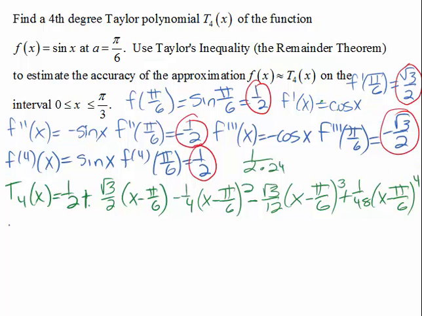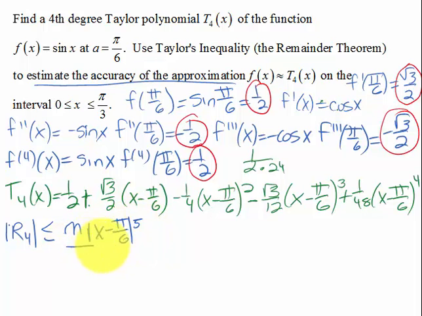Now the next thing we're interested in is figuring out an estimate for the accuracy of this approximation on the interval from 0 to pi over 3. So looking at Taylor's inequality, we have that the size of the remainder is going to be less than or equal to M times the absolute value of x minus pi over 6 to the fifth, over 5 factorial.